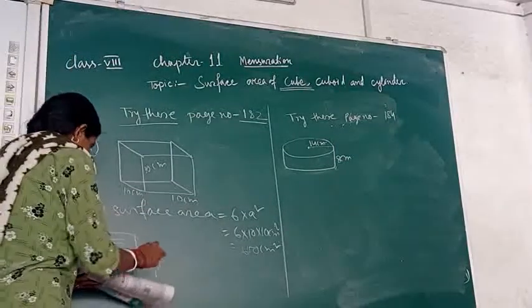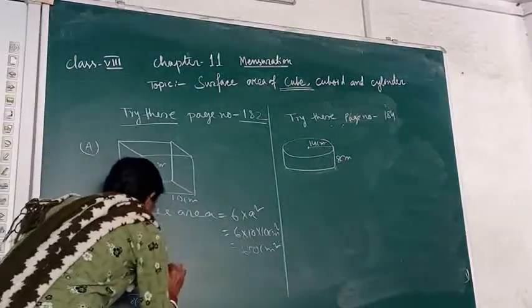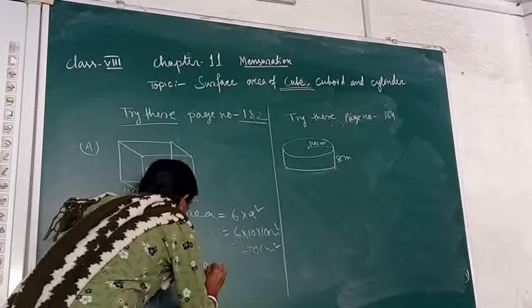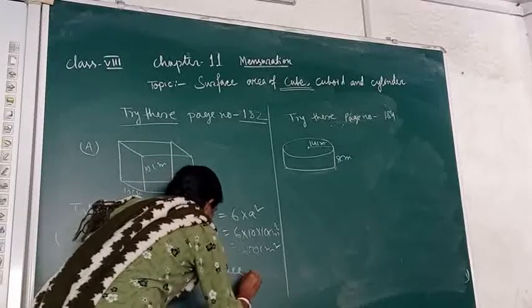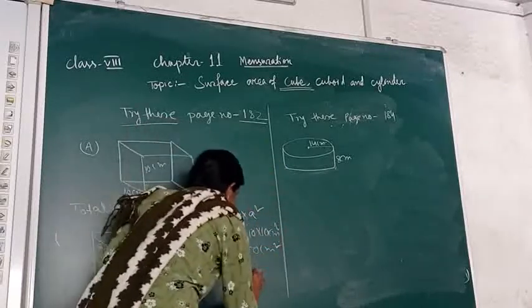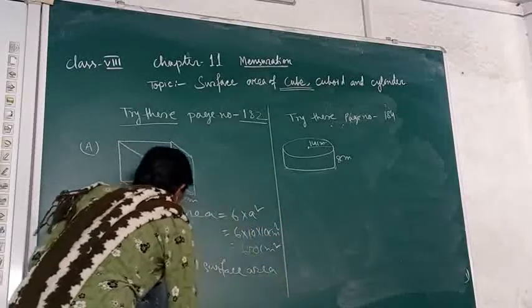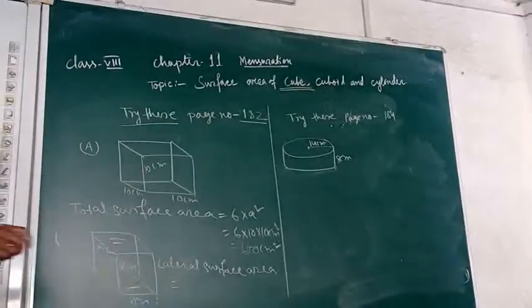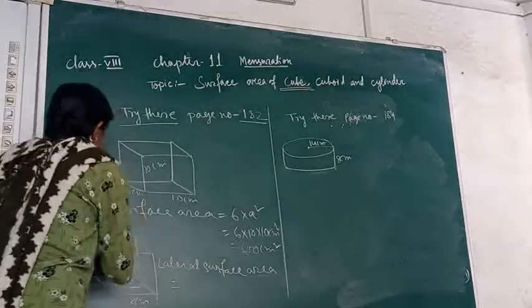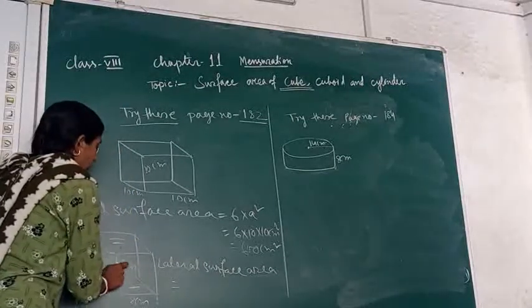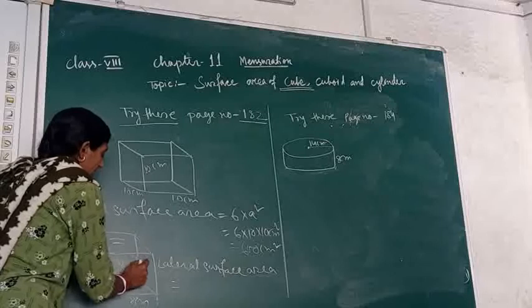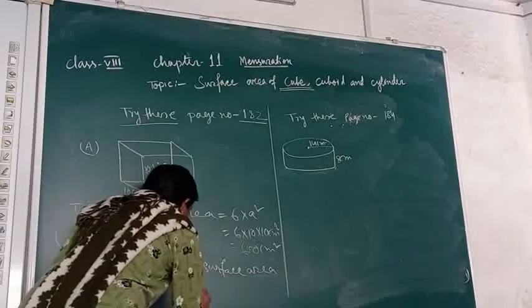Okay. So here this is also cubic in shape. So here the lateral surface area of this one, lateral surface area, not the total surface area. So lateral surface area is equal to what? Only 4 faces we are going to consider. That means all the 4 sides, the front, back, and the 2 sides, that means 4 faces we are going to consider.